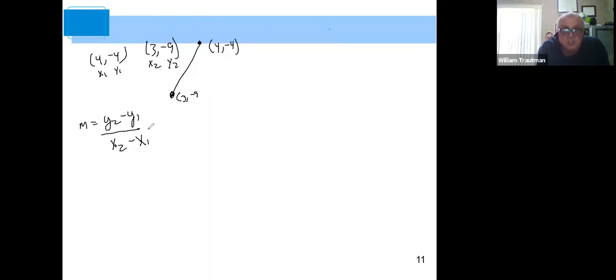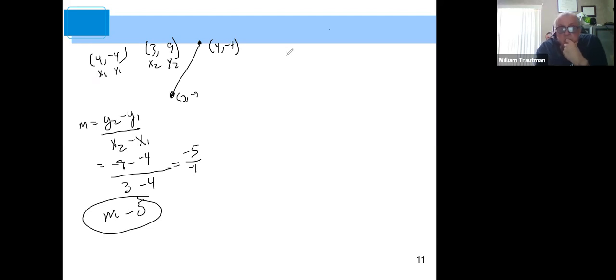So this is just algebra, right? y2 is -9. y1 is -4. x2 is 3. x1 is 4. So it's 3 minus 4. So on top, I get -9 plus 4, which is -5. On the bottom, I get a -1. So my slope equals a +5.